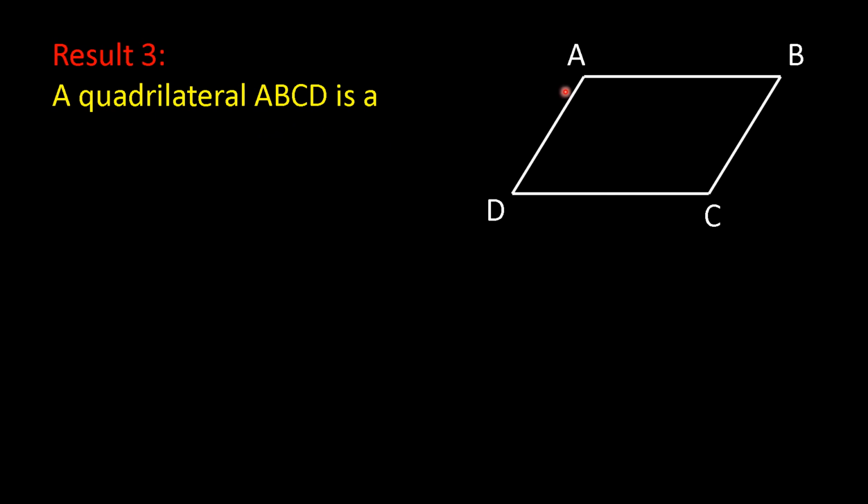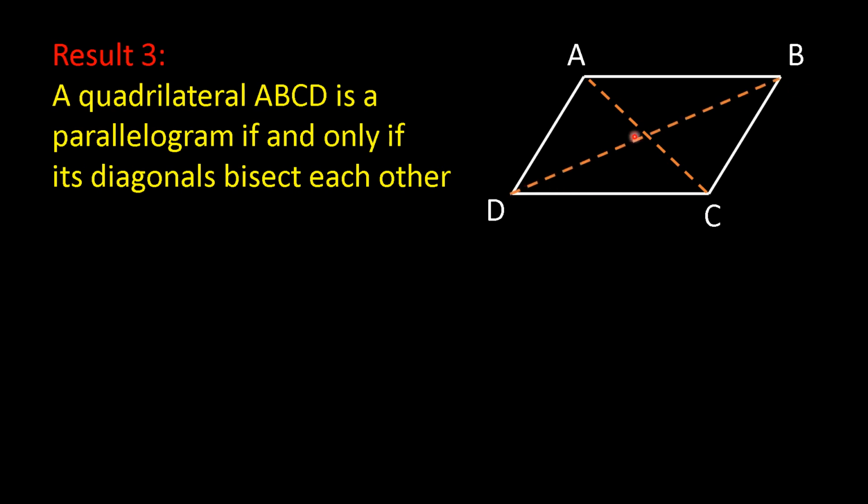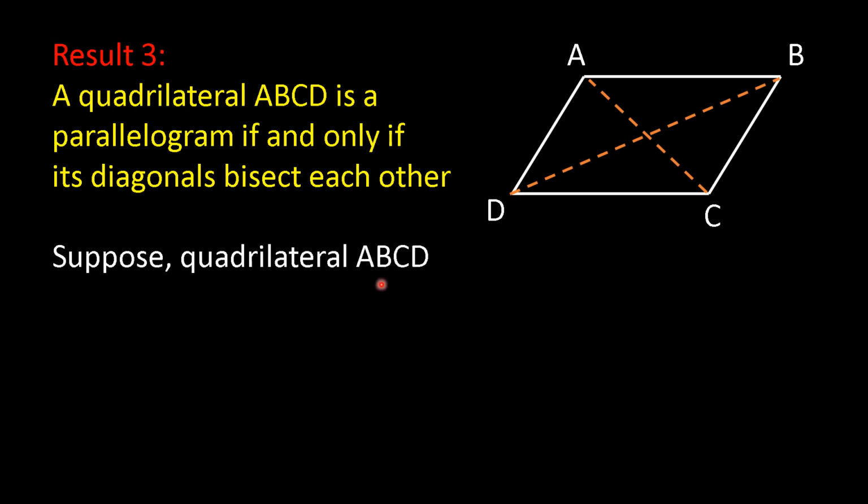Result 4 says that a quadrilateral ABCD is a parallelogram if and only if its diagonals AC and BD bisect each other. Suppose quadrilateral ABCD is a parallelogram.